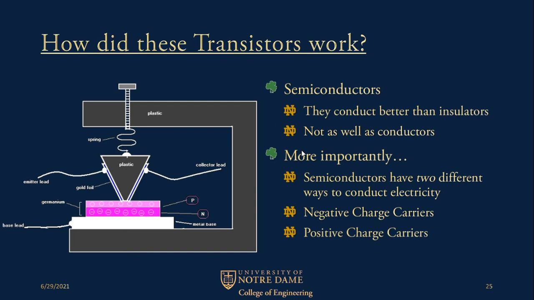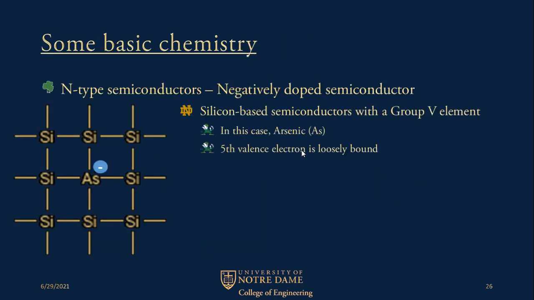So how do we get these negative and positive charge carriers? Well, for one, in the instance when you have an N-type semiconductor, this means you are doping a block of a group 4 element. So in this diagram, it's in silicon, but in the first transistor it was germanium. When you have an N-type dopant, in this case arsenic, the 5th valence electron is loosely bound.